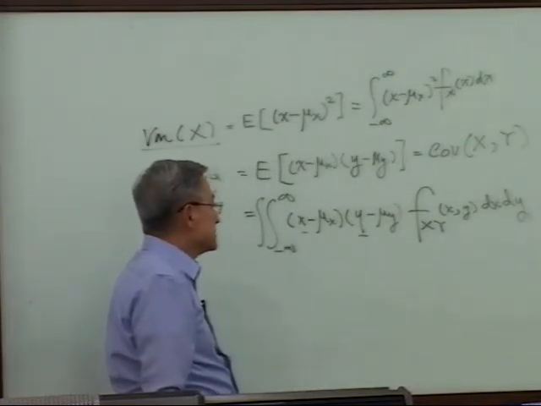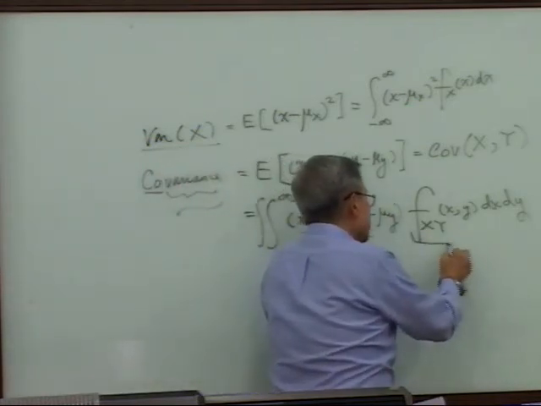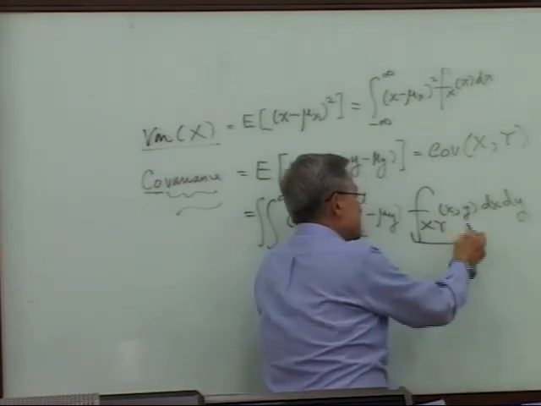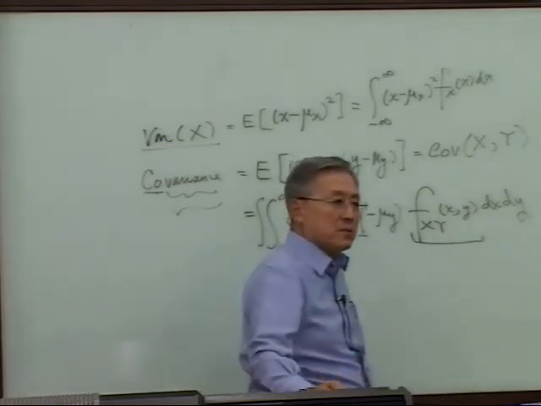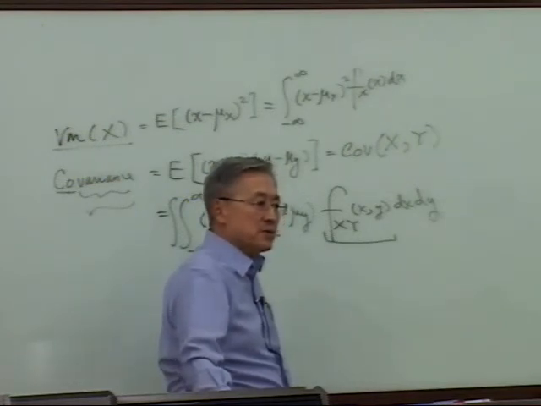Simple. This is the joint probability density function, whether it's 2 variables or 3 variables.